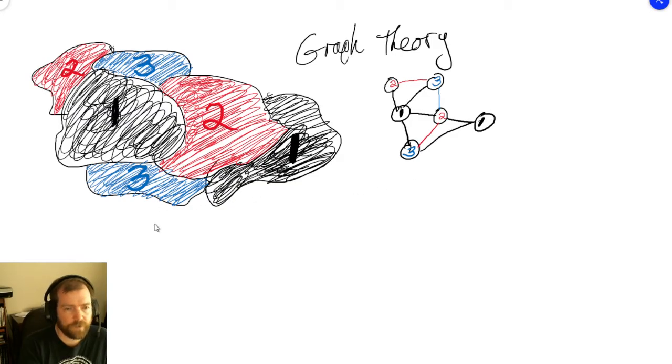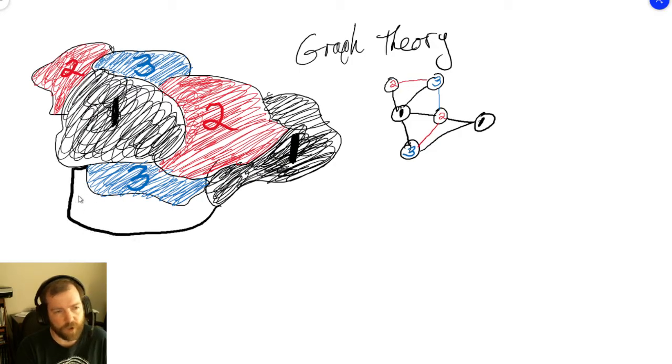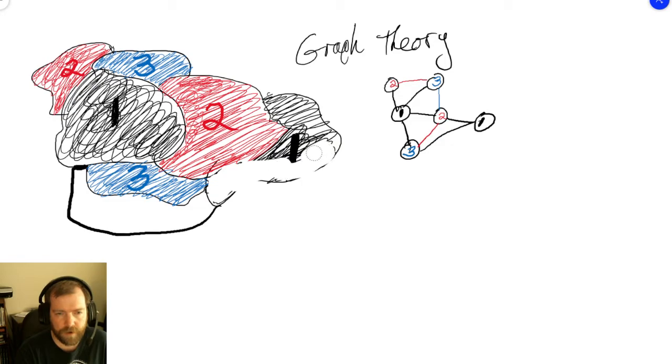So if, for instance, this country were to extend its influence around country number 3 and touch country number 1 here along this border, then this could no longer be black. We could no longer use black to color this particular country. We would need to take out this particular color, and say, oh, well, we can't do that anymore.